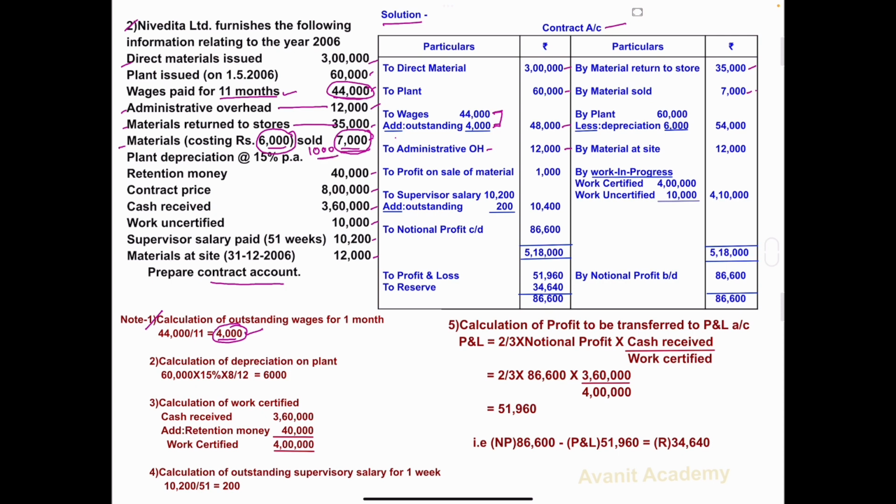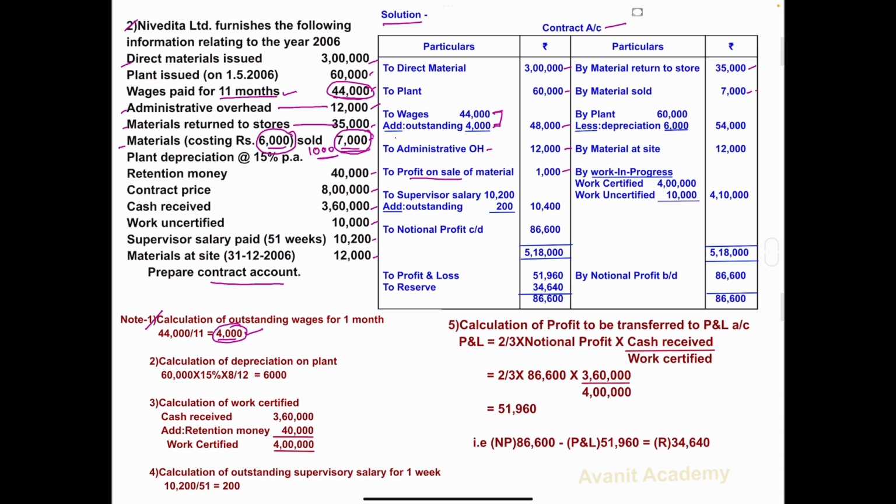So actual value is 6,000, but it is sold for 7,000. Means they gained the 1,000 profit. So any profit, if they have gained profit, means it is to be debited, and if they have incurred any losses, it is to be credited. So in this transaction, they have gained a profit and it is to be debited. So write on the debit side, To profit on sale of material.